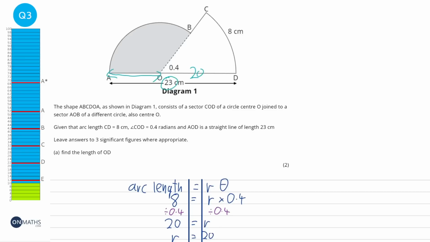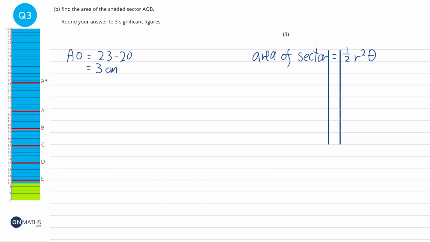And we need to find this angle here. Well, we're given that this angle is 0.4, and half a turn, so normally it would be 180 degrees, obviously in degrees. Half a turn is pi in radians, so it's going to be pi minus the bit we know. So what angle is it? AOB. So angle AOB is pi minus 0.4.